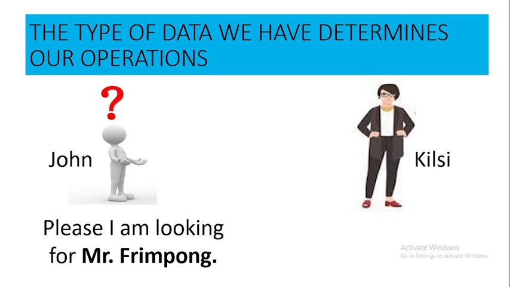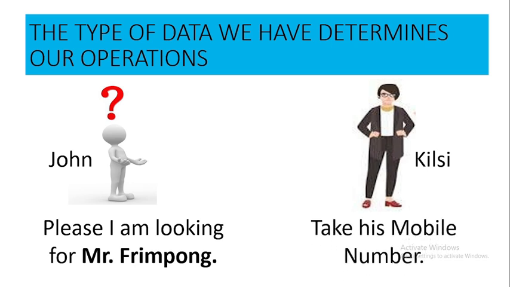That is how he is actually searching for Mr. Frimpong. So Kelsey says, oh, if you are looking for Mr. Frimpong, then take his mobile number. Now another question, do you think John will still move around in search of Mr. Frimpong now that he has gotten his number?